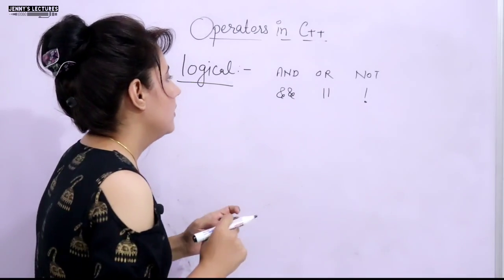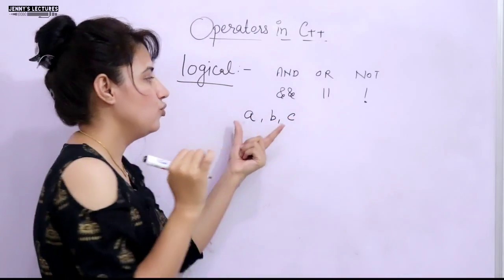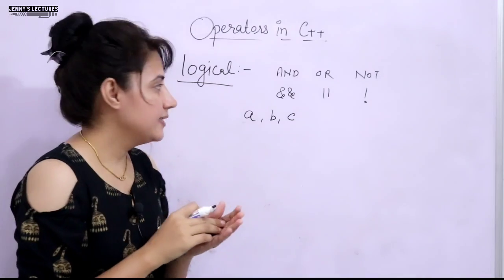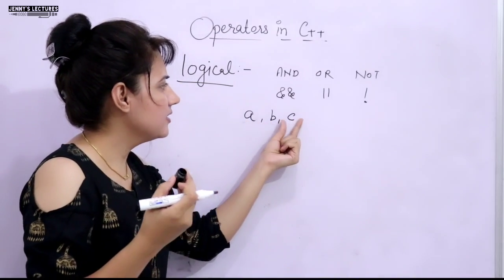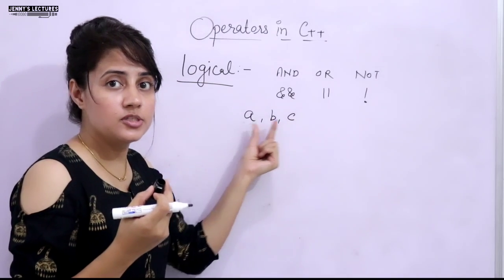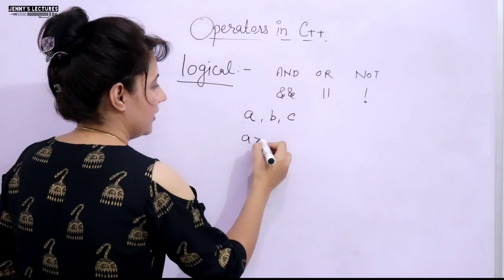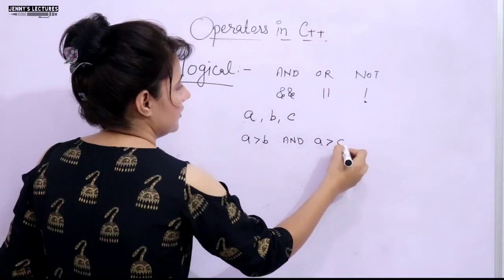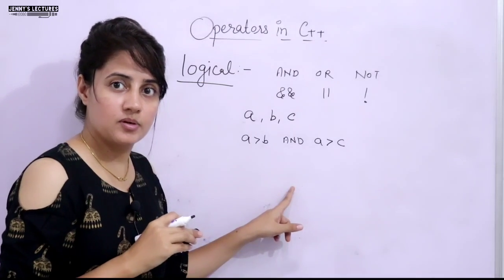Let's see. If I have three numbers A, B, and C, and you want to find the maximum of the three numbers, I'll say if A greater than B and A greater than C, it means A is maximum. We can print "A is maximum", right?